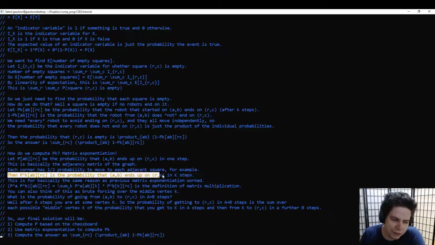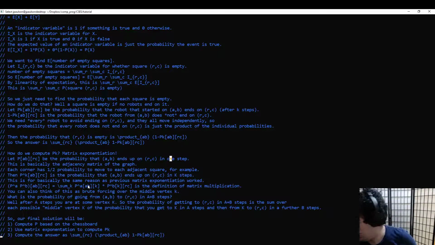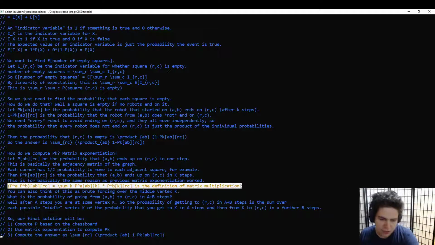And then it will turn out that P to the k, the matrix exponential of this adjacency matrix, at AB RC is the probability that we go from AB to RC in k steps. So P is 1 step, P to the k is k steps. It's basically the same argument as the other graph adjacency matrix exponentiation stuff we've been looking at, but just to recapitulate it in this context.